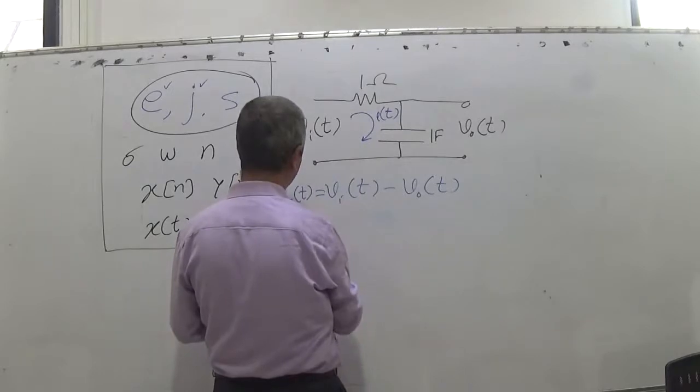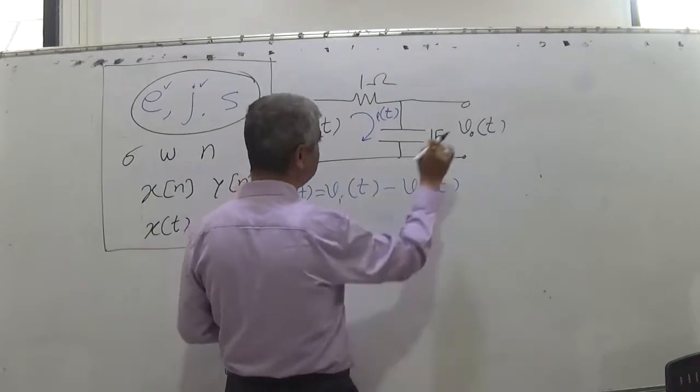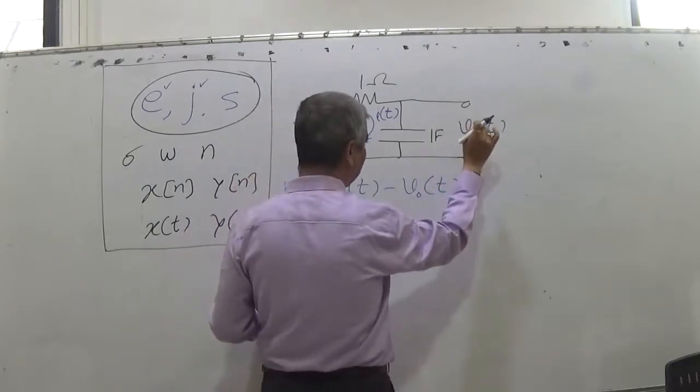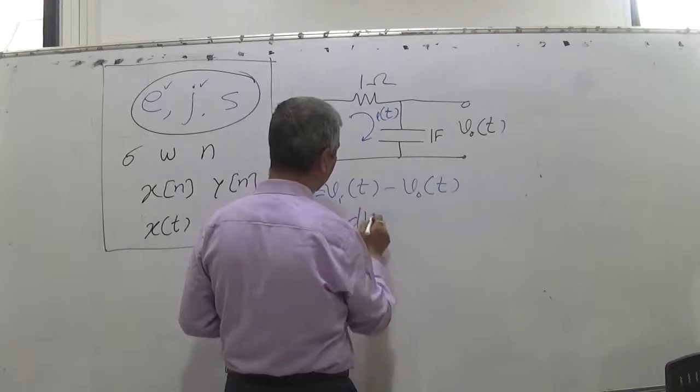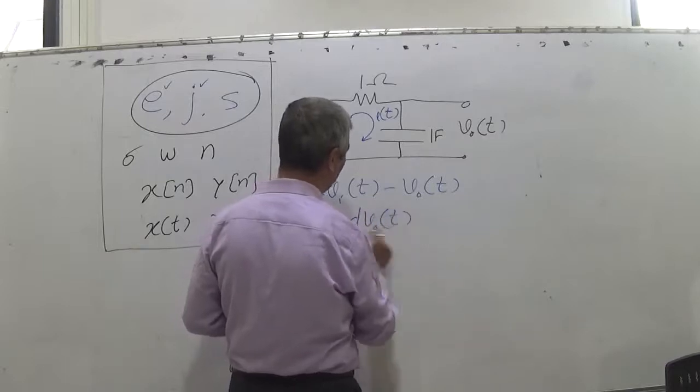And what is ICT? ICT is C dVc by dt, where Vc is VOT and C is 1. So ICT is dVOT upon dt.